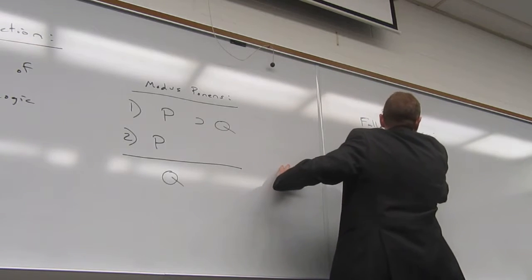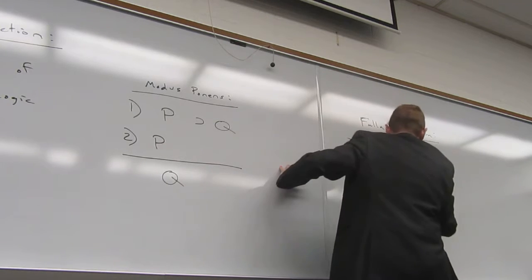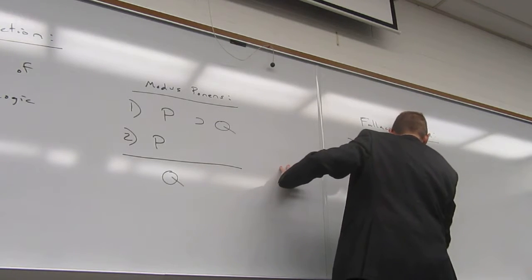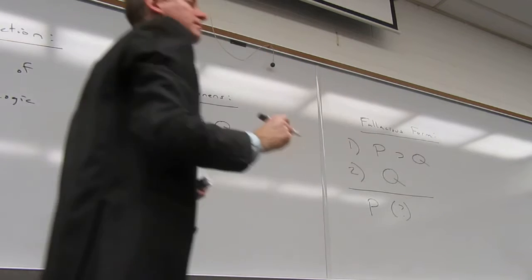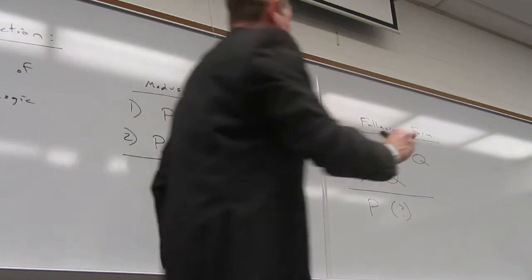If P, then Q, it's the case that Q, therefore P. This is a fallacious form. The reason why I mention it is because on some homeworks I've already reviewed ahead of time, this mistake was made in a few cases.